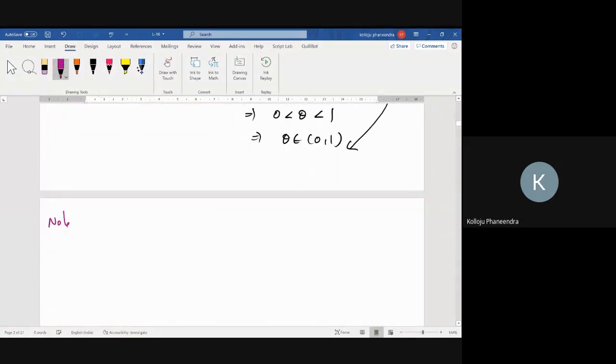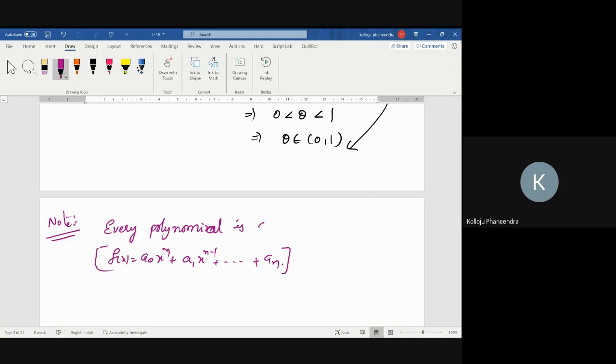And one more point here. Note: coming to continuity and differentiability, the points are, every polynomial is continuous everywhere. Polynomial means a naught x power n plus a1 x power n minus 1 and so on plus an, this is the polynomial f of x.